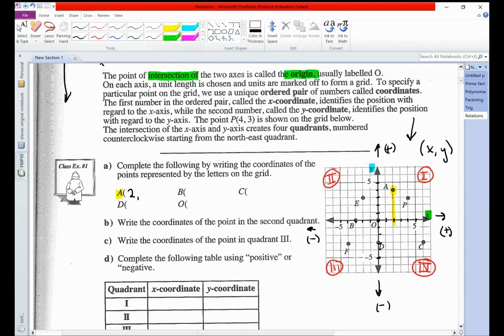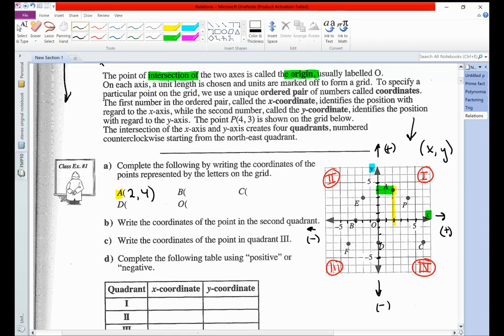And straight across on the y-axis, I'm at y equals 4. So that's how I would describe that exact point: 2 and 4, or (2, 4). That's the ordered pair, or the coordinates of that point. It's like Battleship.